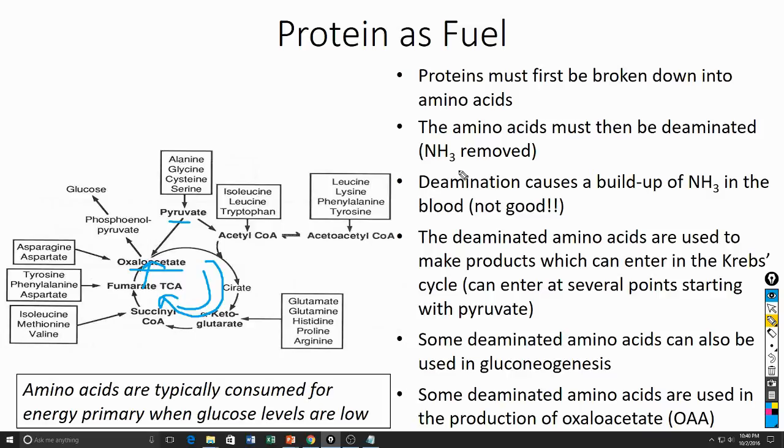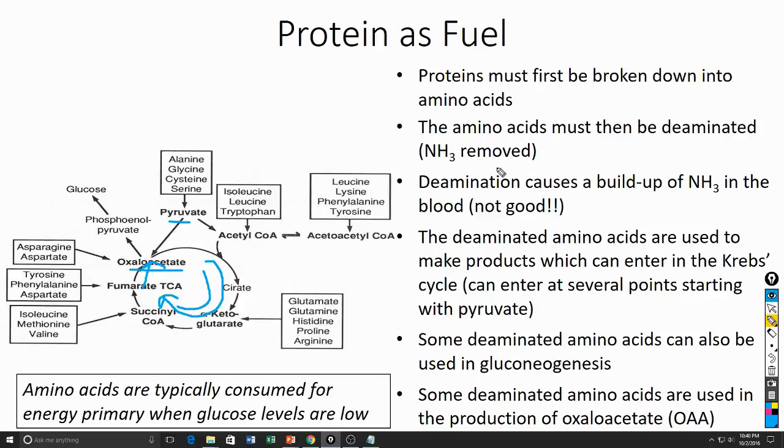So in general, it's best to try to keep your body away from burning protein as a fuel, because in general, the protein that we have in our body is not something we want to break down. We want to eat carbohydrates and let it burn that. Eat fats, let it burn that. Save the protein.